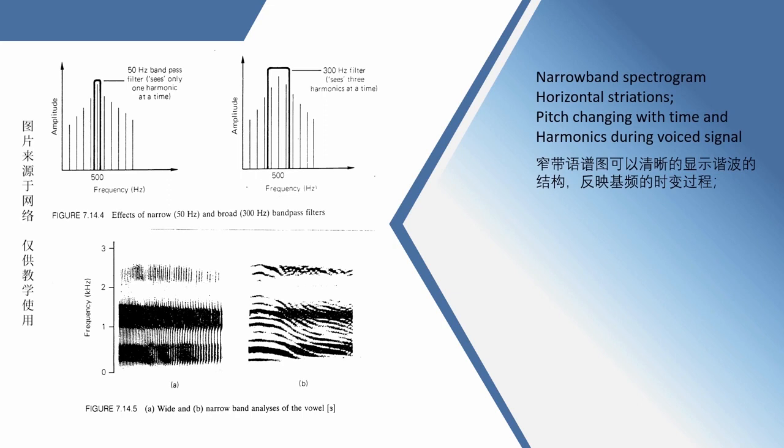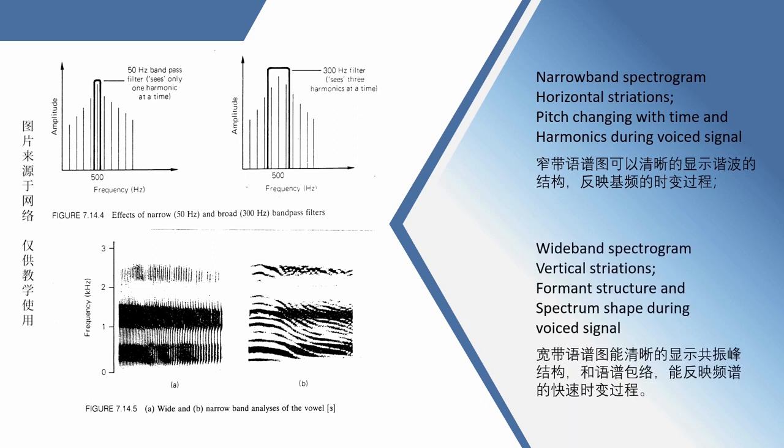Narrowband spectrogram can clearly display the structure of harmonics and reflect the time-varying process of the fundamental frequency. Wideband spectrogram can clearly display the formant structure and the spectral envelope, which can reflect the fast time-varying process of the frequency spectrum.